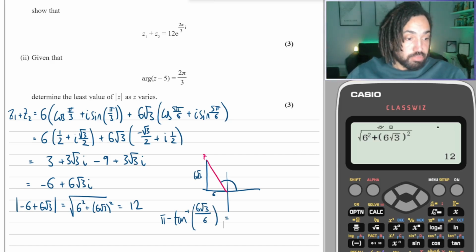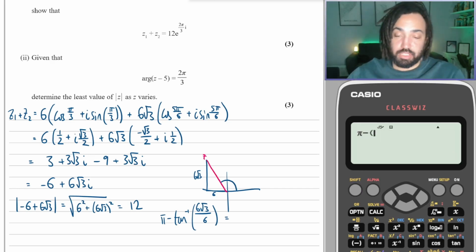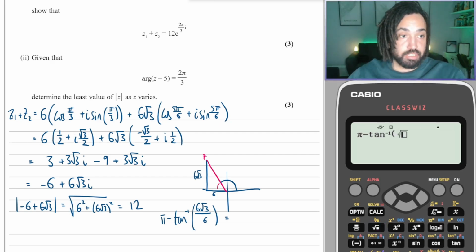On our calculator we do pi minus, because pi is 180 degrees, and I don't want just this angle in here, I want the other angle. So 180 minus tan to the minus 1 of, well, 6 root 3 over 6 is just root 3, isn't it? So let's just do root 3.